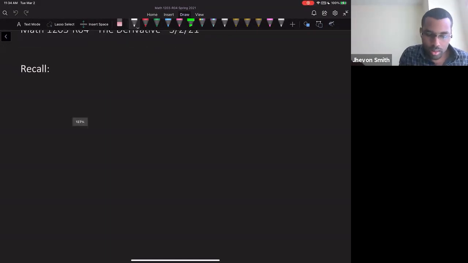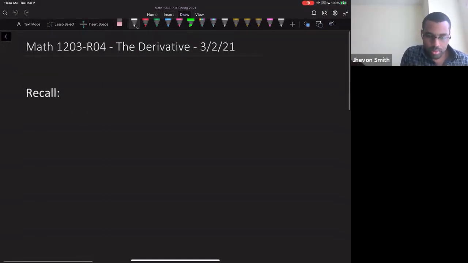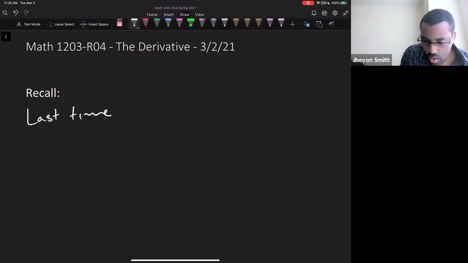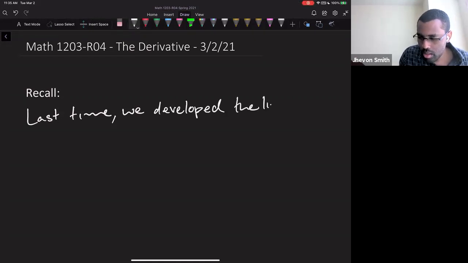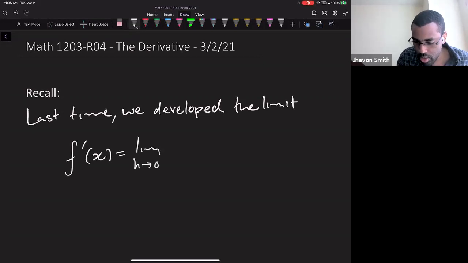So recall, last time we developed the limit f prime of x equals the limit as h approaches 0 of f of x plus h minus f of x all over h.